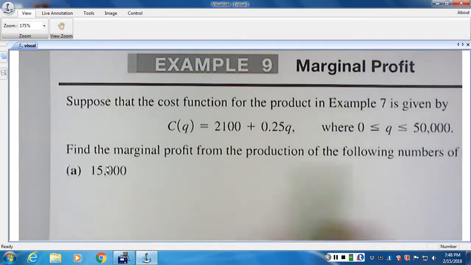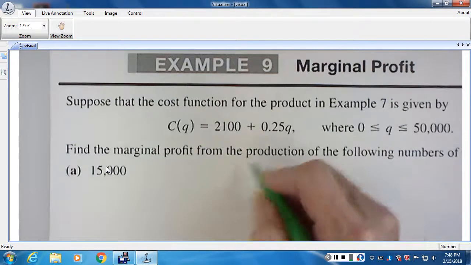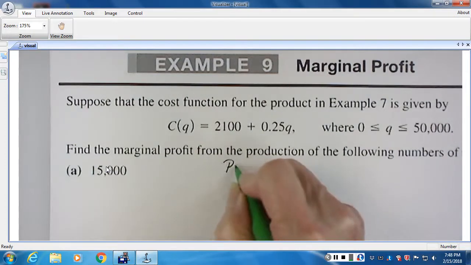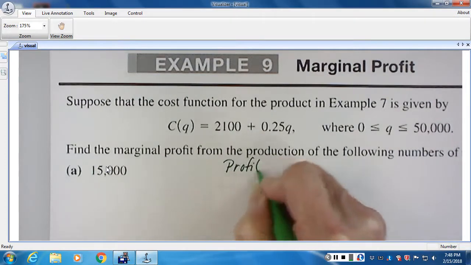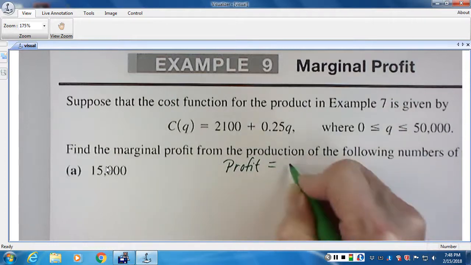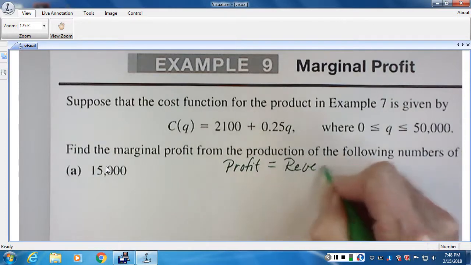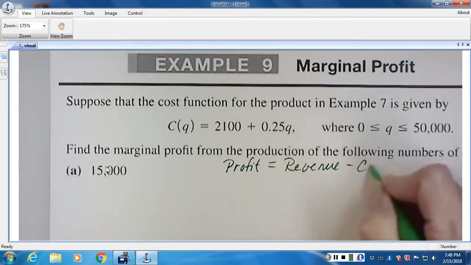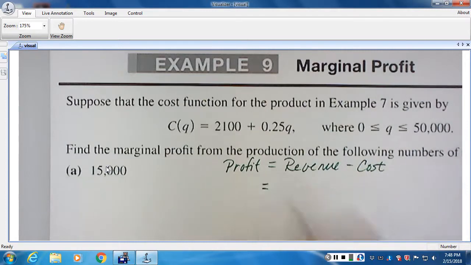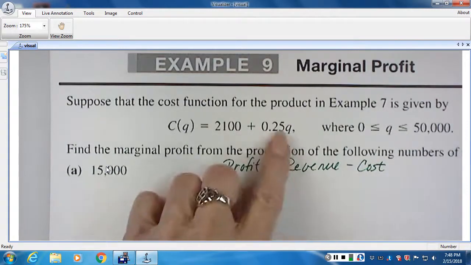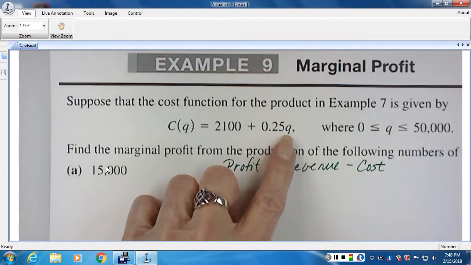Find the marginal profit. Okay, you've got to remember that profit is always equal to revenue minus cost. So we would take our revenue equation, and we would want the revenue equation that's in terms of quantity.